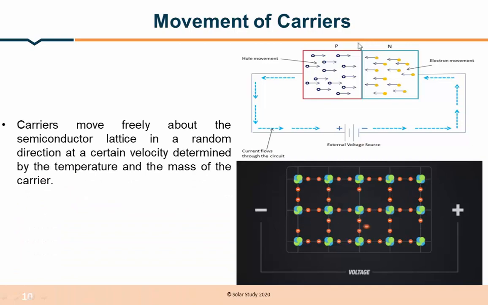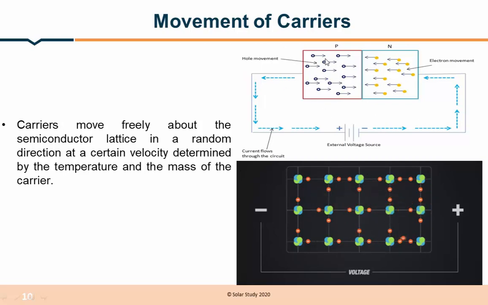I already told you that one substrate is made p-type and another substrate is made n-type. The n-type contains electrons. The p-type contains holes. When some amount of electricity is applied or any amount of light is incident here, it starts making recombination.